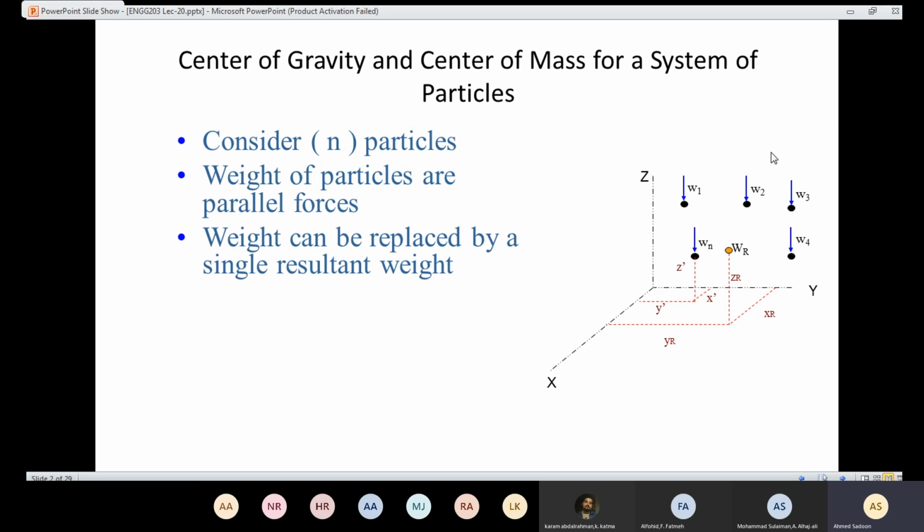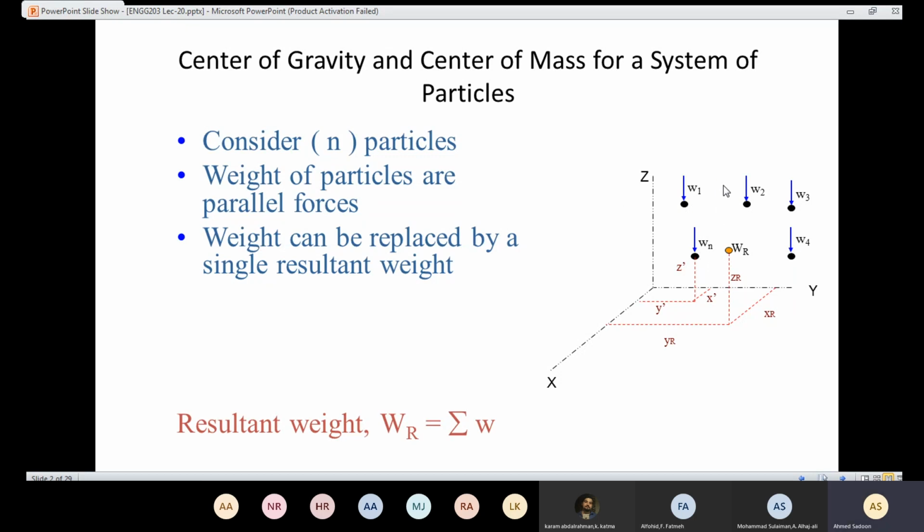And as you might have guessed, the resultant force here is going to be referred to as WR. So the resultant weight is going to be the summation of the weights here. We already know this. If you take the summation of the forces in the y-axis, then WR is going to represent all these weights here. So now we represented the whole system of particles by only one weight.